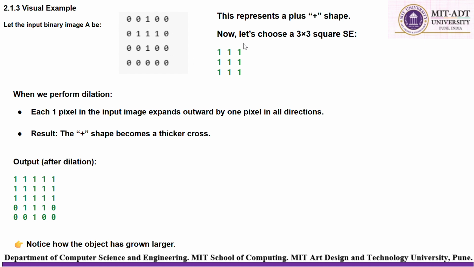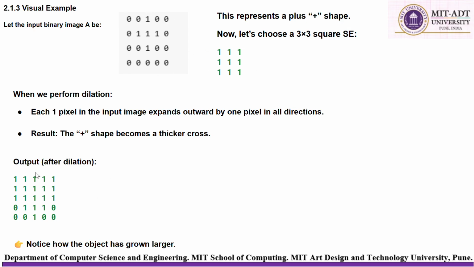Structuring element depends on my image contents; I am simply selecting any vector. When we perform dilation on this image by this structuring element, each one pixel in the input image expands outward by 1 pixel in all directions, because this is the square that I have chosen. So the result will be the plus shape, and it becomes quite thicker.